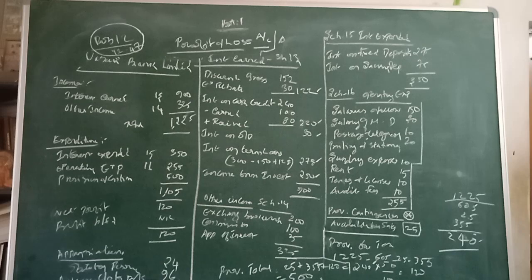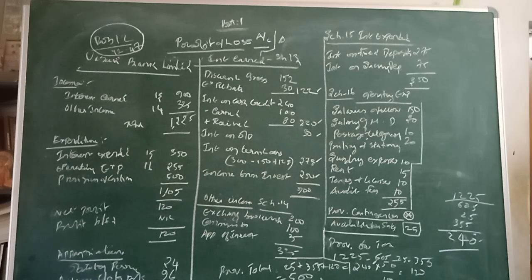Then appropriations: we have to take that amount of appropriation. What are all the items you have to take? Transfer to statutory reserve, proposed dividend, transfer for any other reserve, general reserve. All those things we should take in the appropriations. Here we are given only one item called statutory reserve. What is the percentage? For your batch, it is always 20% only.